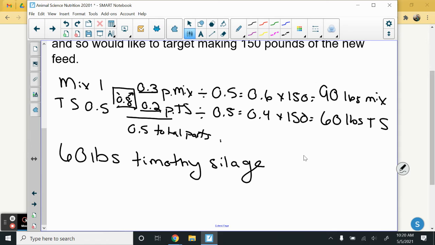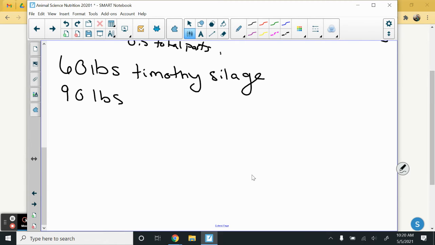I just want to break down that 90 pounds of mix. So I have 90 pounds total, and, extending our page here, that mix is made up of oats, and it's made up of ground limestone.